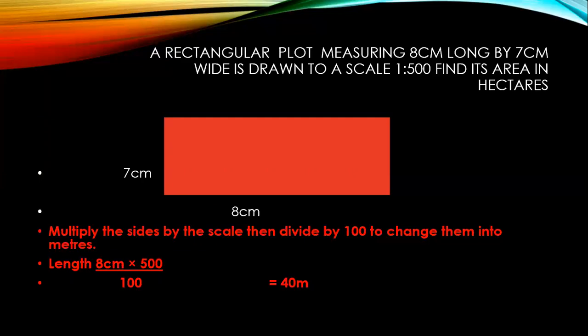So in case they have not given you any dimensions, which is also a very common question, take your ruler and measure it. Then after getting your dimensions in centimeters, we want to change our length and our width to become meters. How will you do that? You multiply by the scale and then you divide your answer by 100.